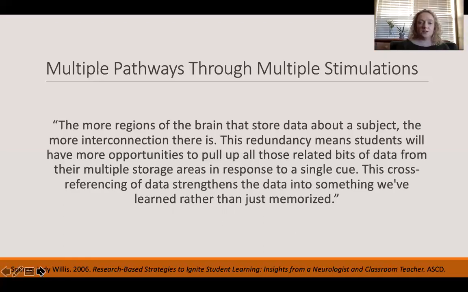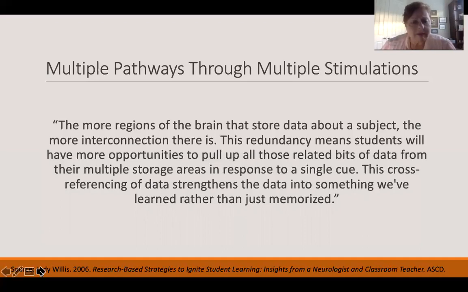And then Mimi was going to just wrap us up with a reminder about this idea of the multiple pathways through multiple stimulations. So we started by saying you can't use words that you don't know. Another way to say that is that knowing them, learning them, means that they're in your brain.